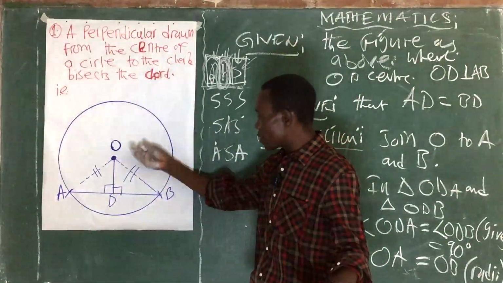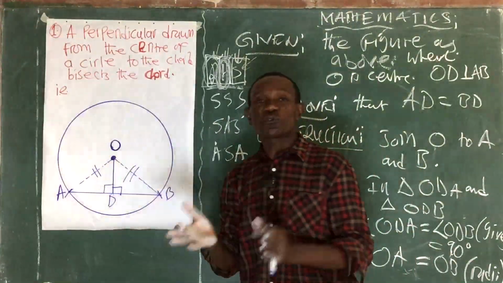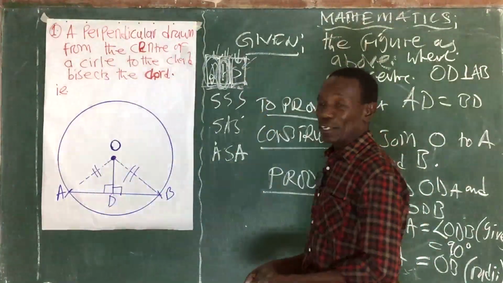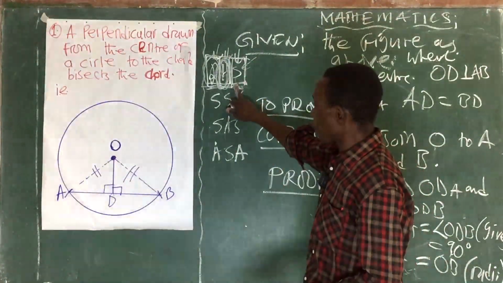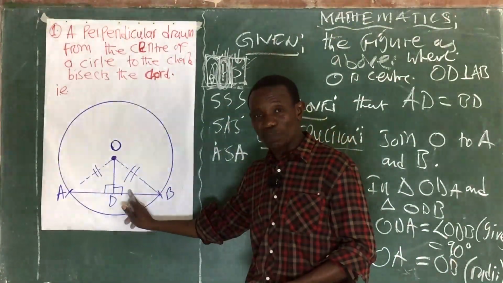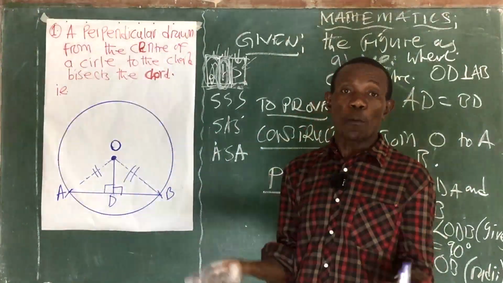So you can rule out, as much as the triangles are defined by the same side, that is OD, so it's just like OD is equal to OD. So it means the last letter here has already been what? Satisfied. It is described by what? A common side, which is OD, existing to both triangles.